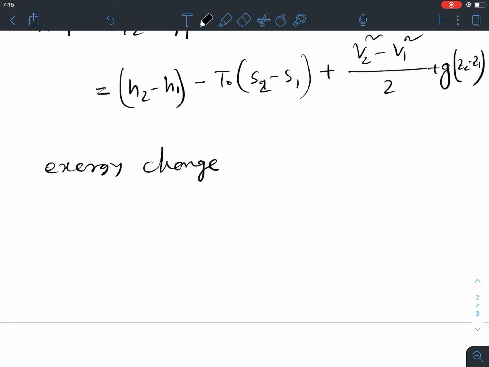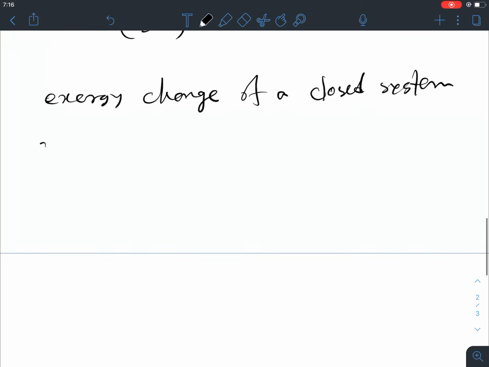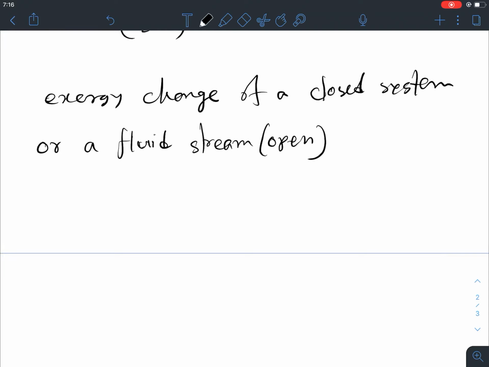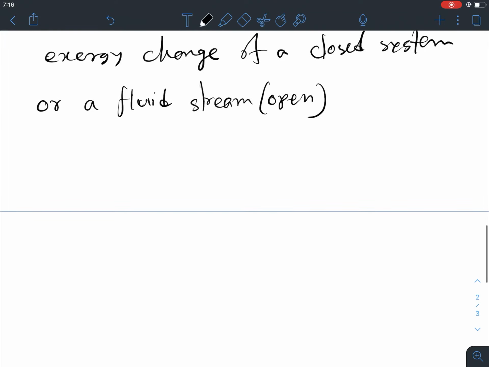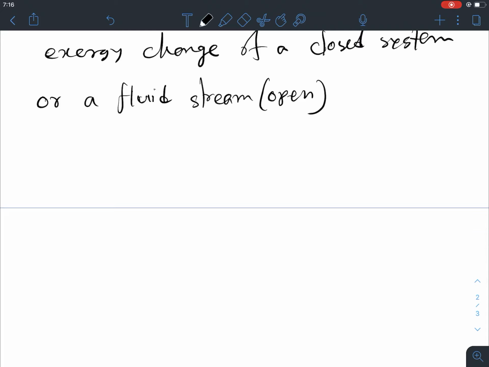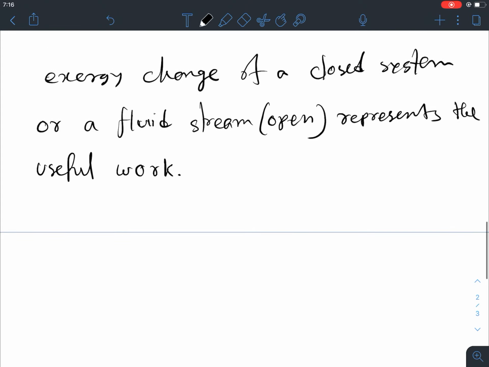So the exergy change of a closed system or a fluid stream, either closed or open, in either case represents the useful work.